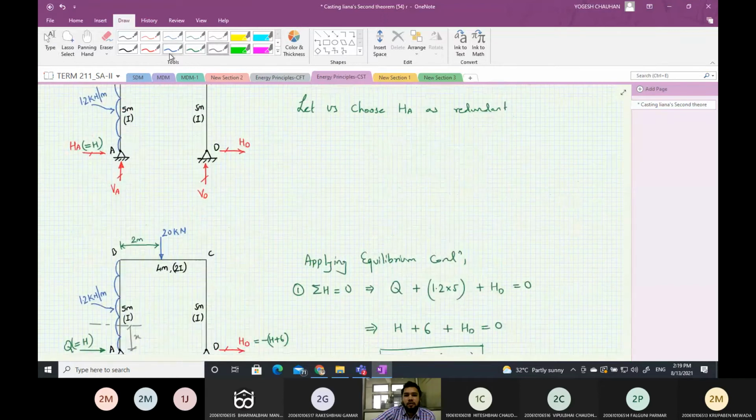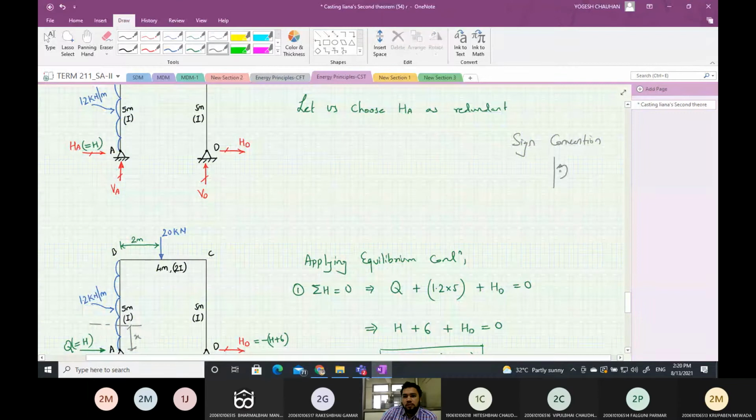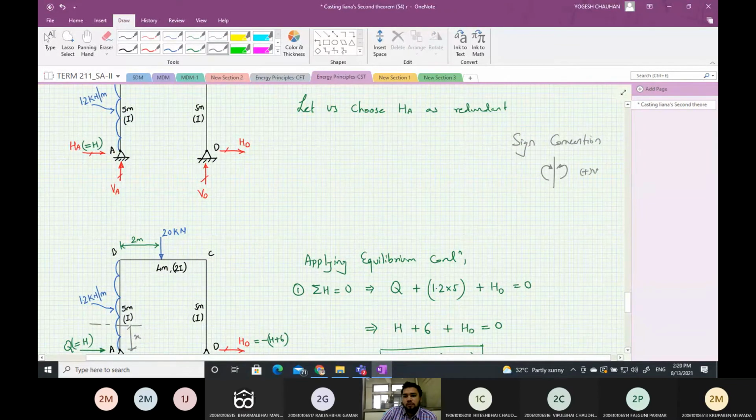sagging as positive. So we are actually on the left side of the segment, so it will be clockwise as positive.